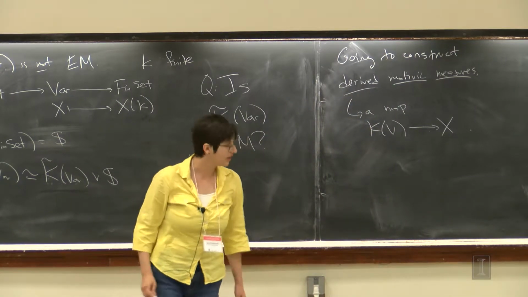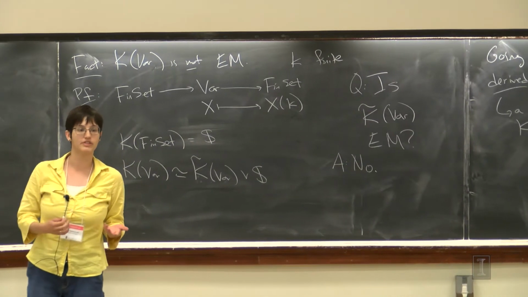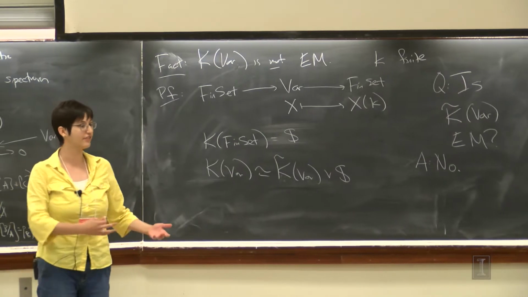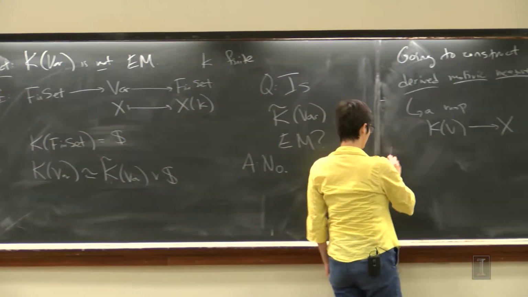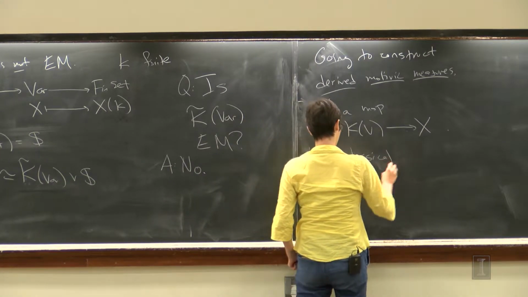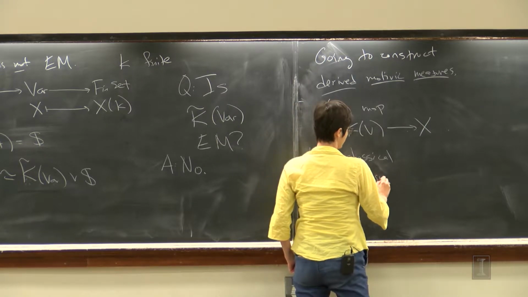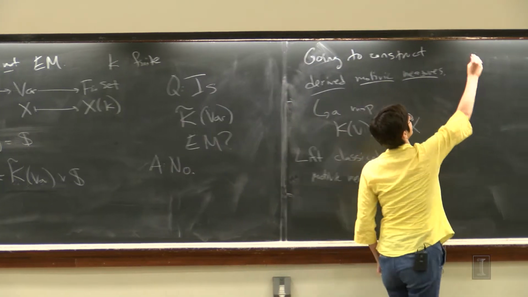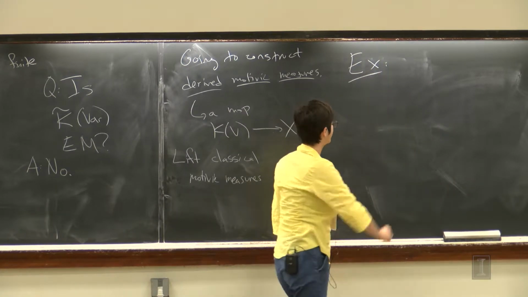So to define these measures, what we want to do is take classical measures and lift them. This is, in fact, what we did right here. So we're going to lift classical measures. I'm going to give you a couple of examples of classical motivic measures, just so that we know what these things look like.